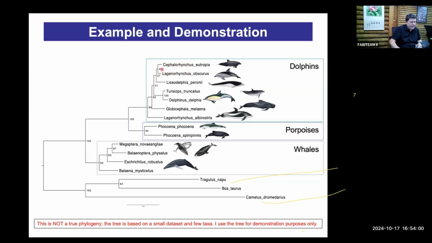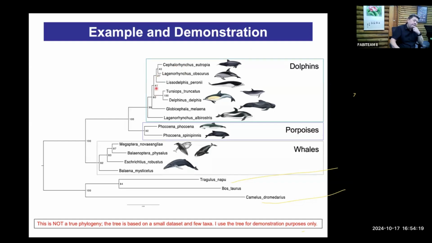So clearly there's no support. In this case, only 27 trees out of 100 bootstrap reps had this relationship. So no support here.